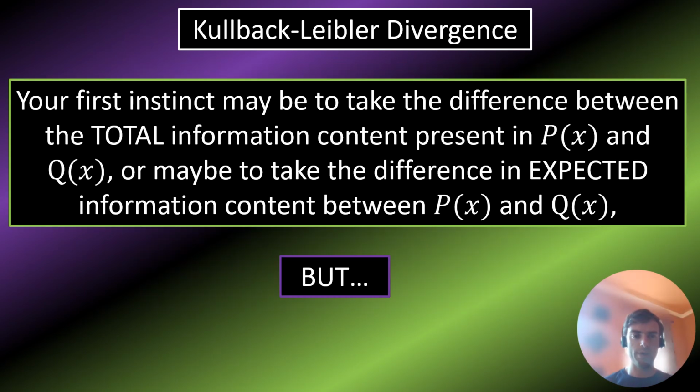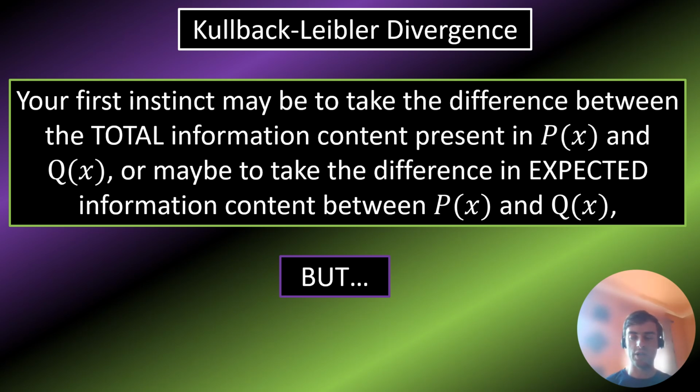So your first instinct may be to take the difference between the total information content present in p of x and q of x, or maybe to take the difference in expected information content between p of x and q of x. However, these two methods are not as good mathematically for some reason. I really don't know why, actually. That's what I would have thought to do, but for some reason the KL divergence is actually better than these two methods. And I think it's because of the mathematical properties, which I haven't really delved into much, but you'll see KL divergence next.